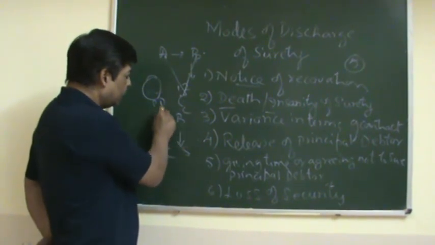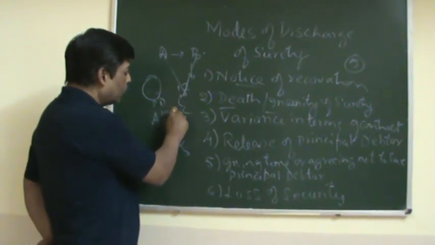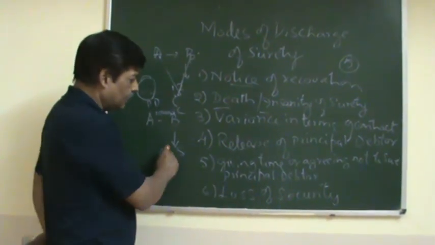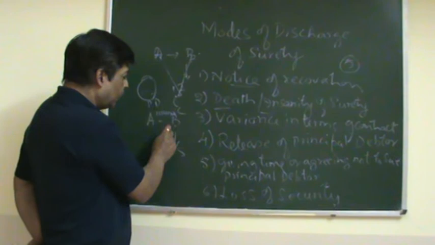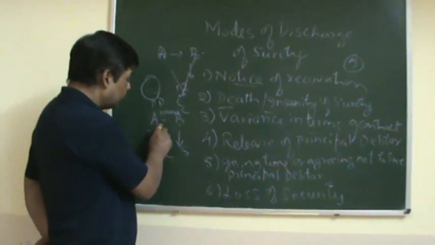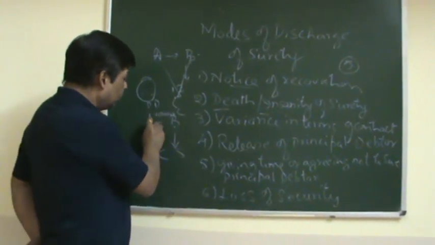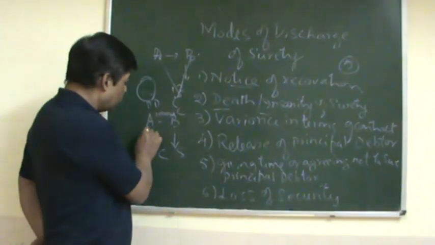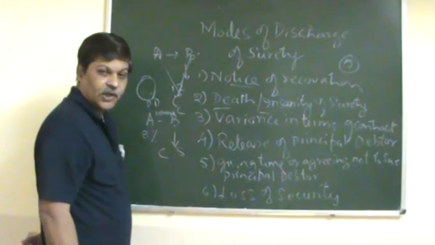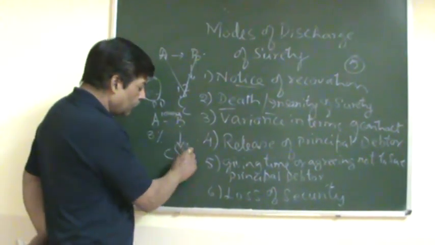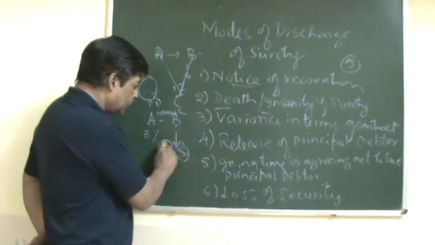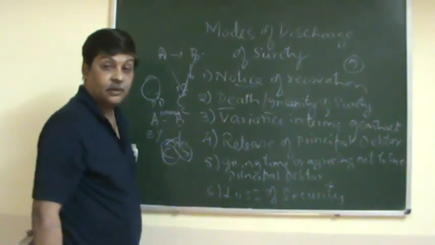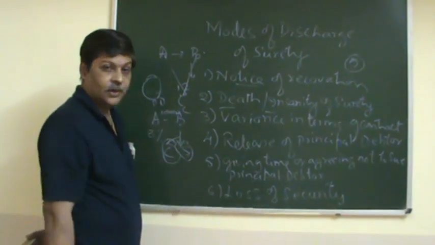A has taken a debt of 1 lakh rupees, where C has given the assurance, and the rate of interest payable is 3%. The principal debtor and the creditor change this to 8%, making a variation without the knowledge of the surety. So surety C is discharged from his liability. That is variance in the terms of the contract without his knowledge.